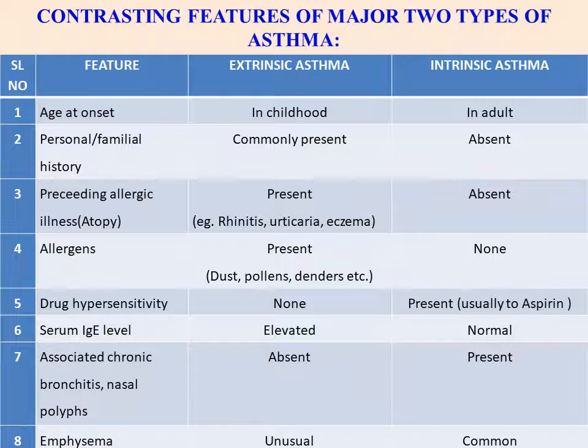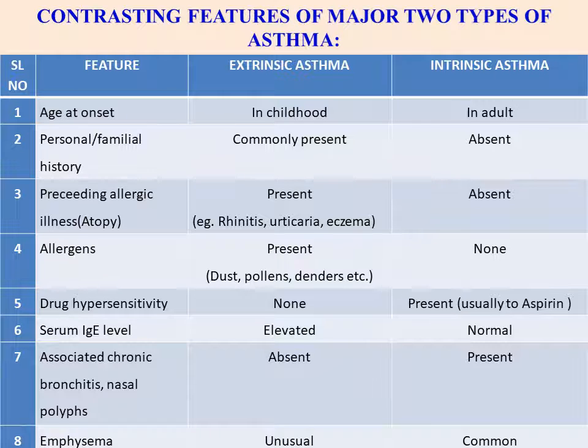Familial history is commonly present in extrinsic asthma, whereas it is absent in intrinsic asthma. Preceding allergic illness such as rhinitis, urticaria and eczema is present in extrinsic asthma, whereas absent in intrinsic asthma.